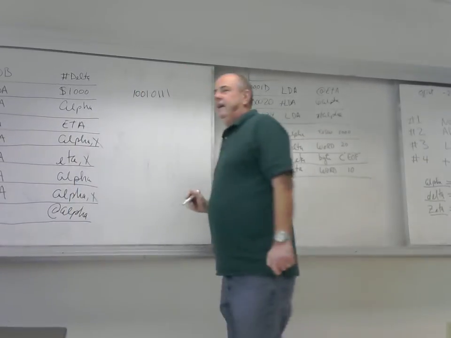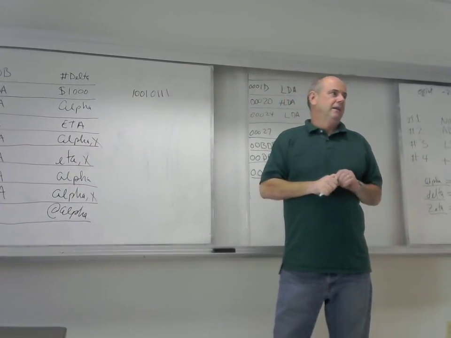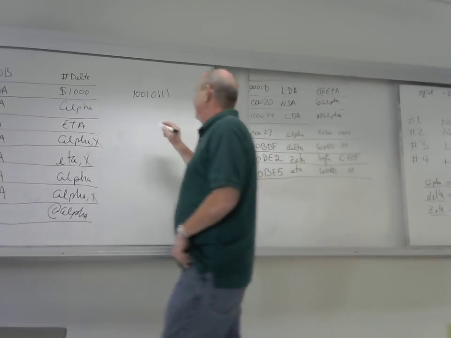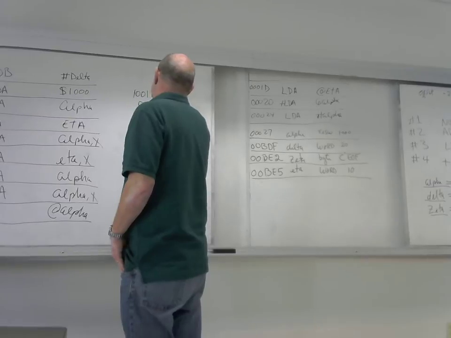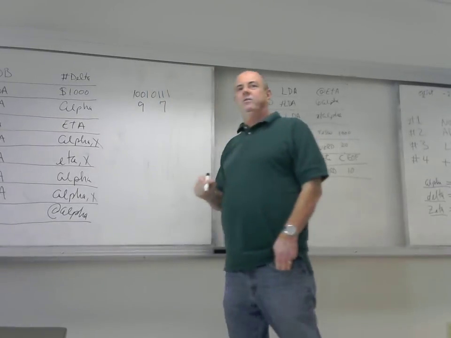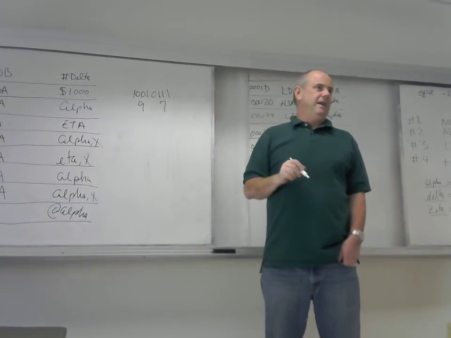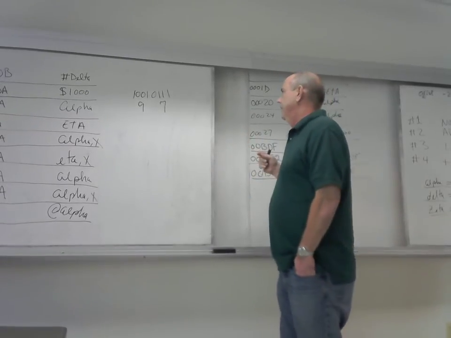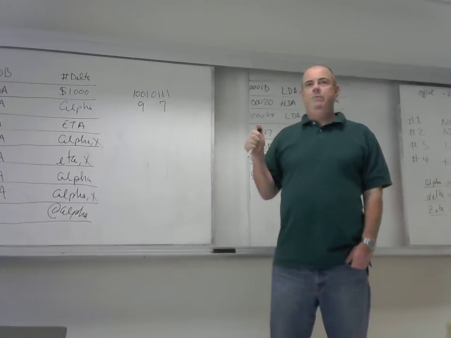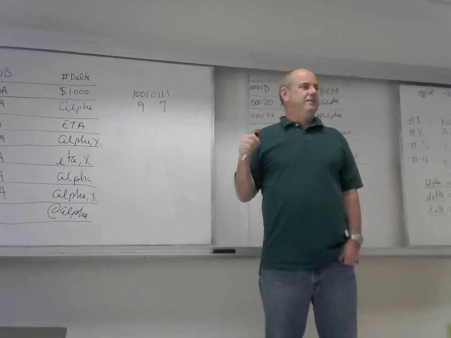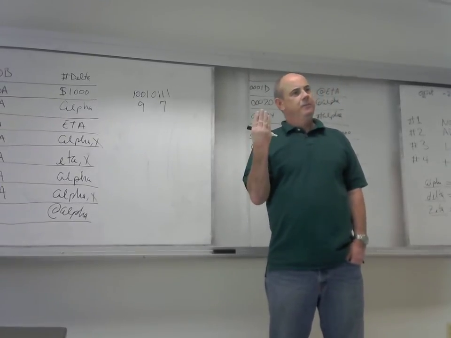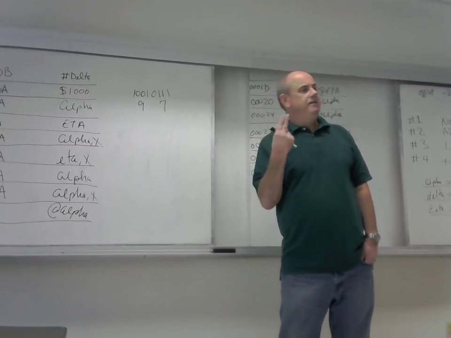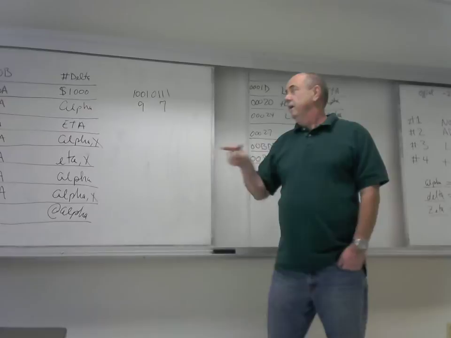What is that in hex? Yes, each 4 bits is 1 digit. That's 8 bits. It's 2 digits. Okay. A 16-bit value, how many hex digits does it take? 4. Why? 4 times 4 is 16. It takes 2 hex digits per byte.